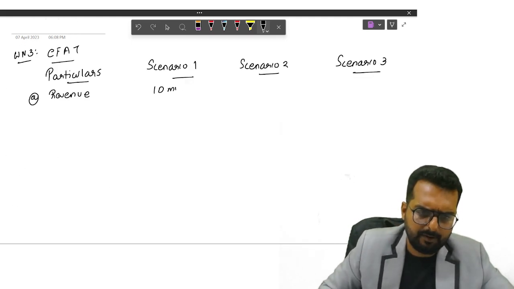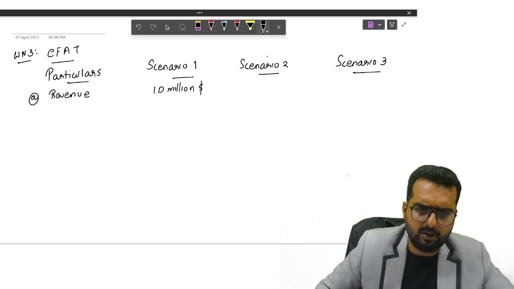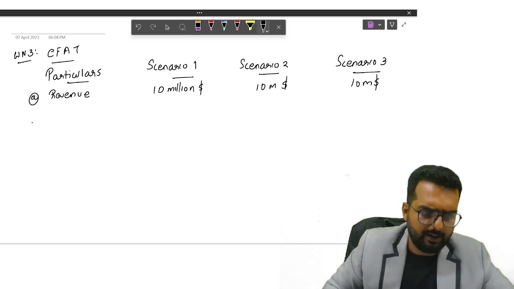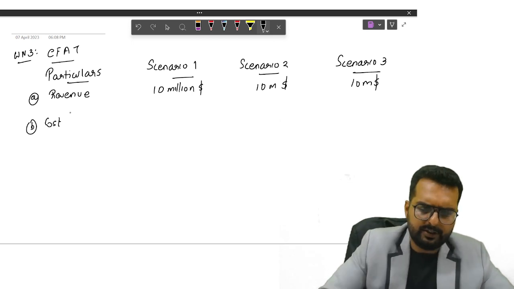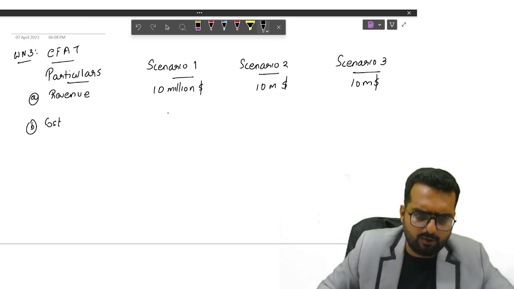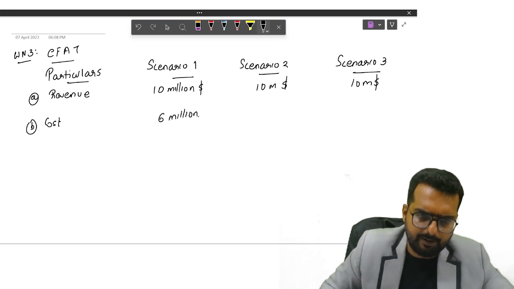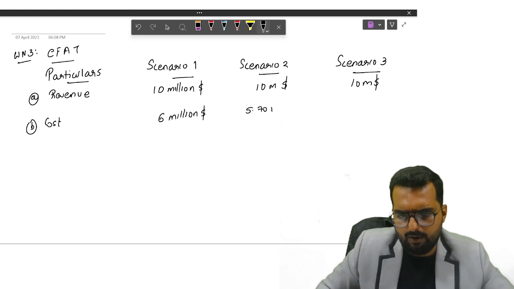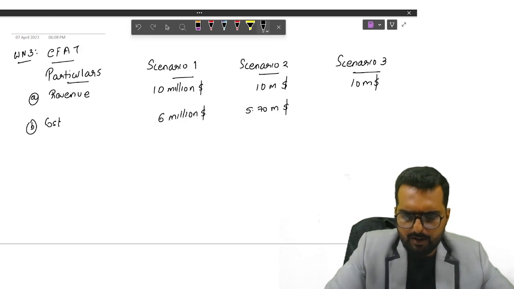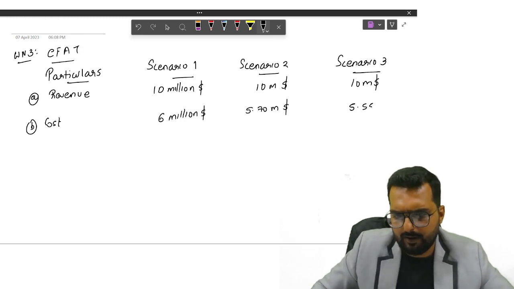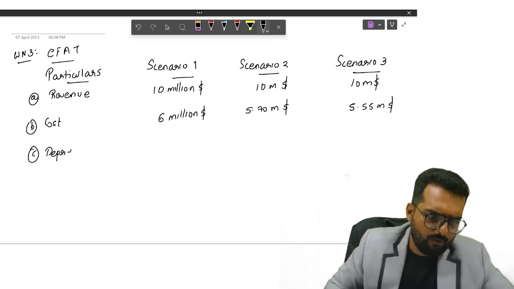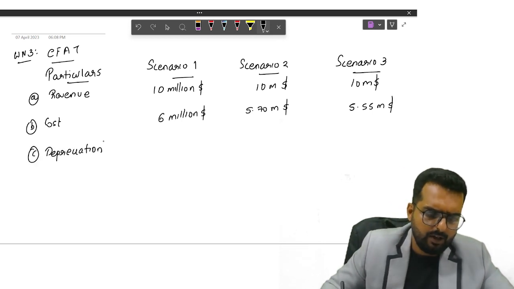That will be $10 million, $10 million, $10 million. The cost will change. In the first scenario, the cost will be 6 into 1 million. That will be $6 million. Second one will be $5.7 million. And the last one will be $5.55 million.